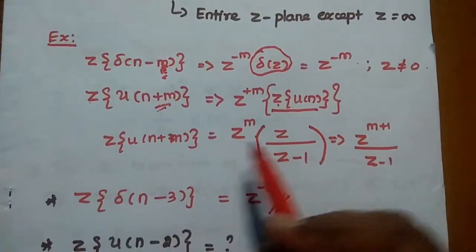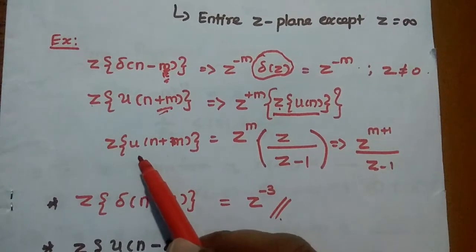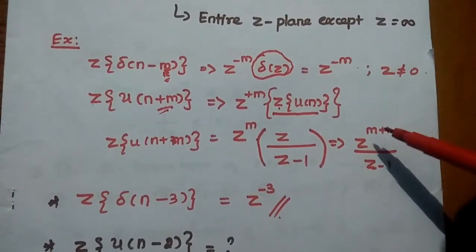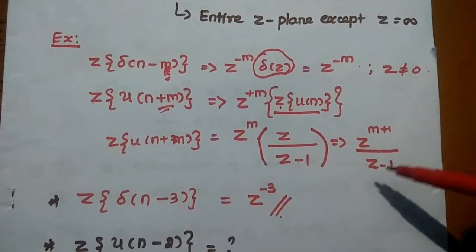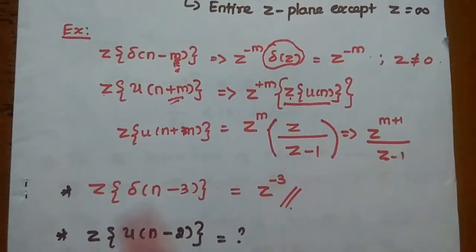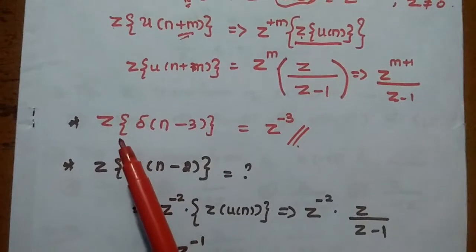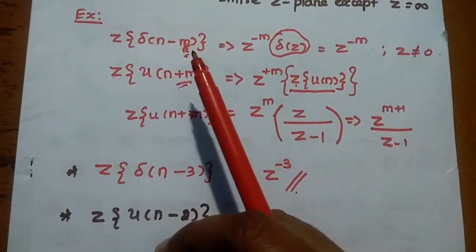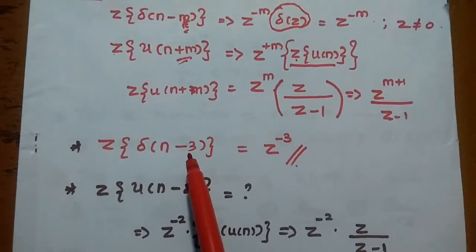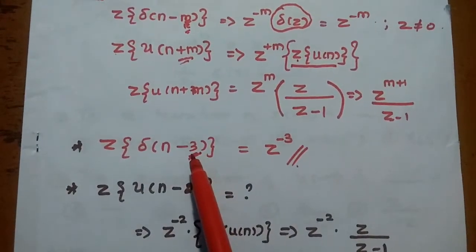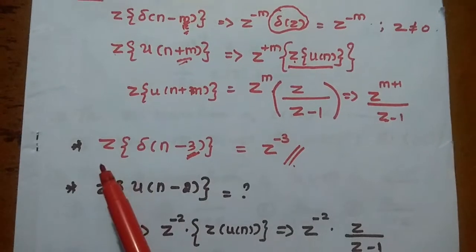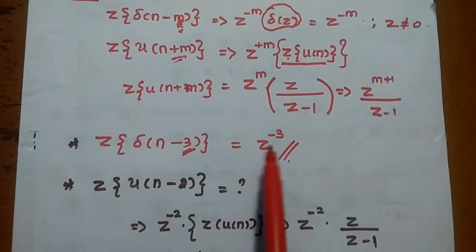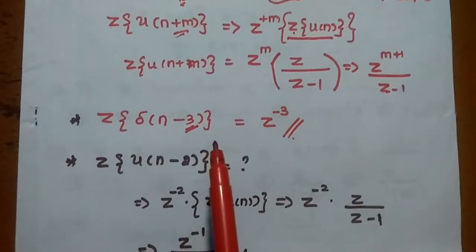So we can write the Z transform of u of n plus m is equal to z power m plus 1 divided by z minus 1. Next, the Z transform of del of n minus m, where we represent the delay by m. If we replace that m with any integer value like 3 or any other value, the Z transform of del of n minus 3 is equal to z power minus 3.